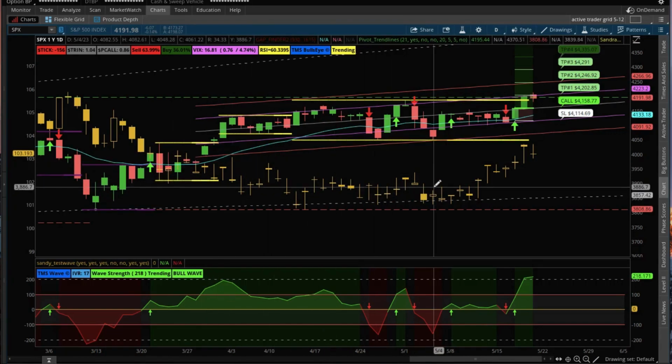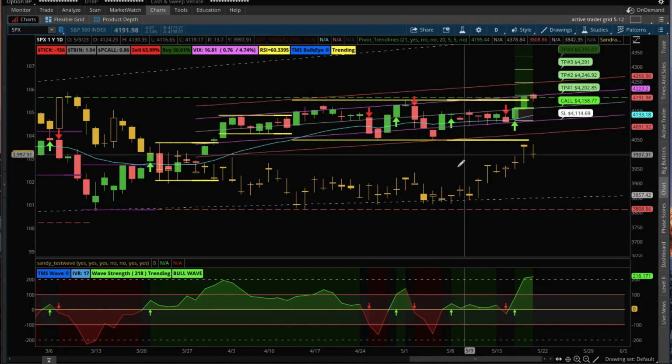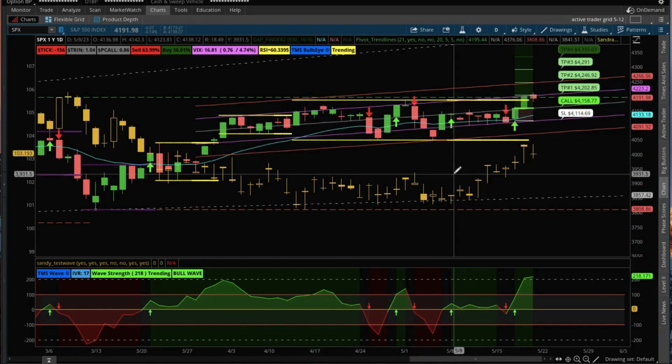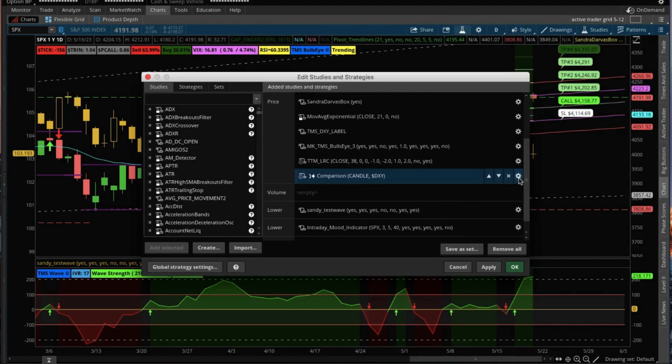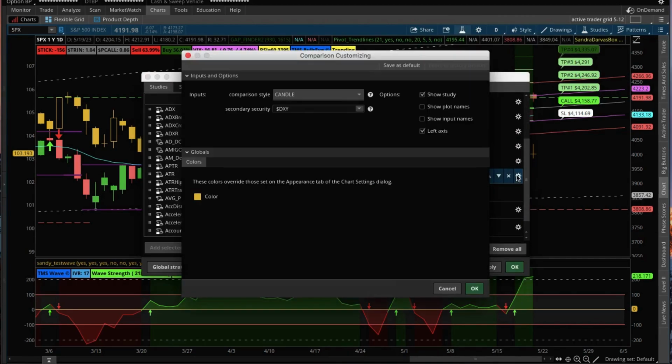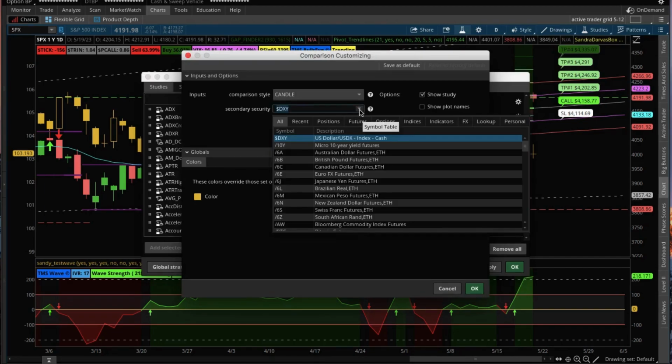And the nice thing about this comparison indicator is that you can actually compare many different tickers against one another. So you could go back into your beaker, go back into your comparison indicator, and change the SPX, as an example, to the NASDAQ or to the QQQs.